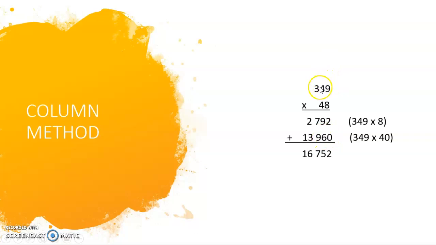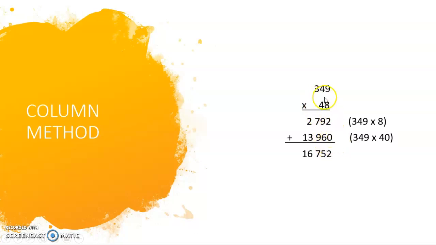I carried my 3 over. 4 times 4 is 16. I must add what I carried over. Multiply again. Add what I carried over. There's my answer. I add everything. And once again, I have 16,752.